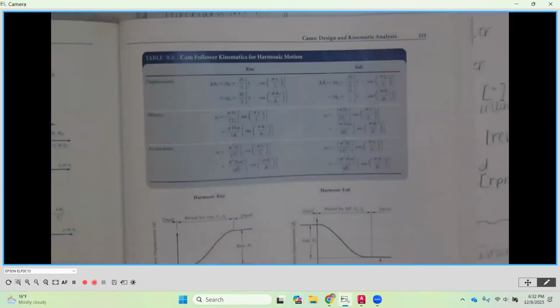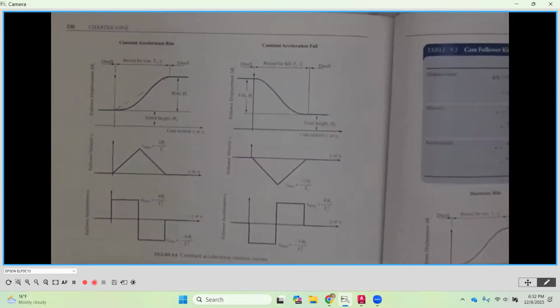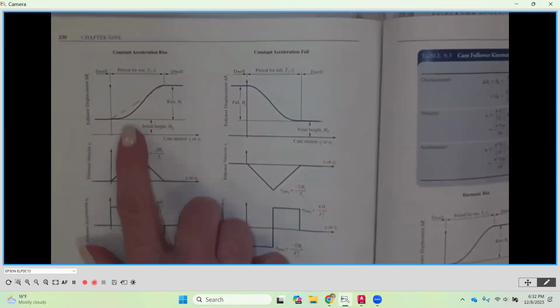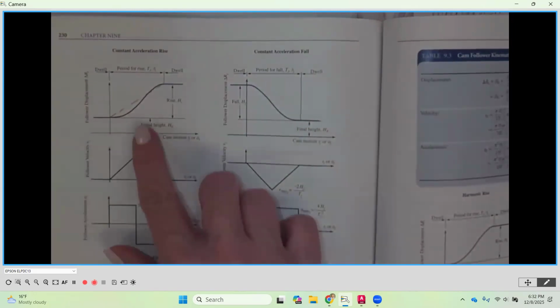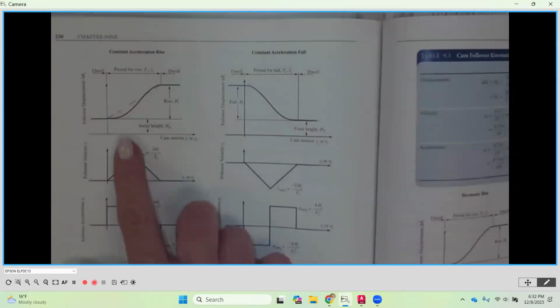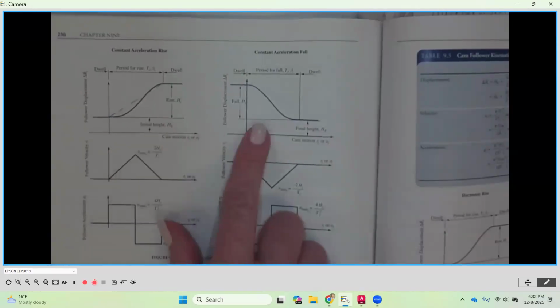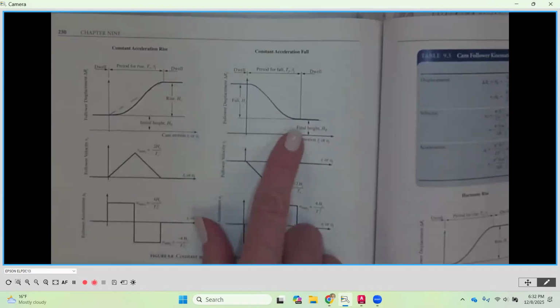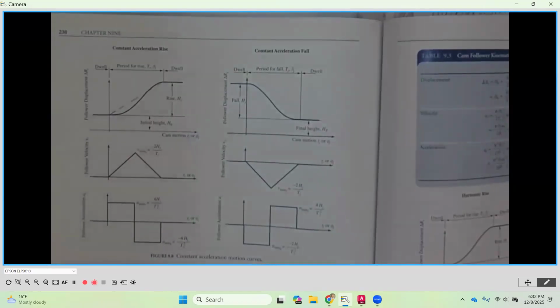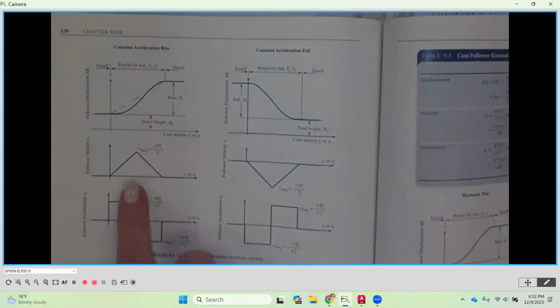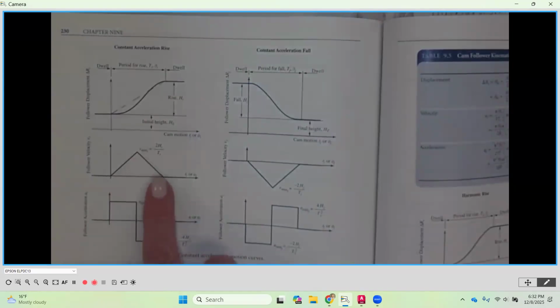The next one that we have is called constant acceleration. Right away, you can see that when we look at the follower displacement, the top curve in either case, whether it's rising or falling, now we have a curve going in and a curve going out, okay? What that does for us is, if we look at the velocity, notice now we're ramping up, accelerating and decelerating.